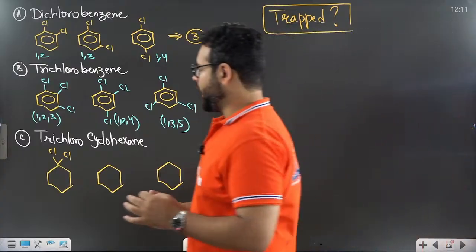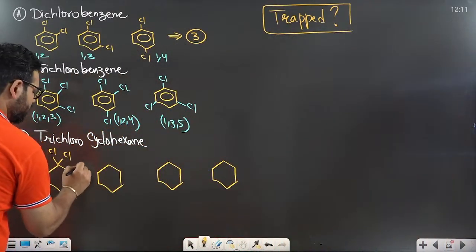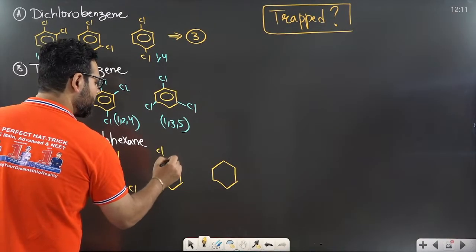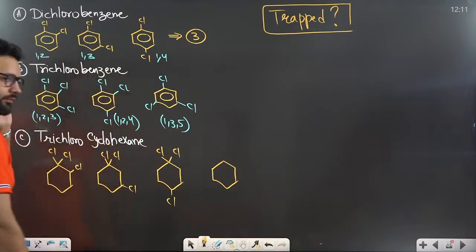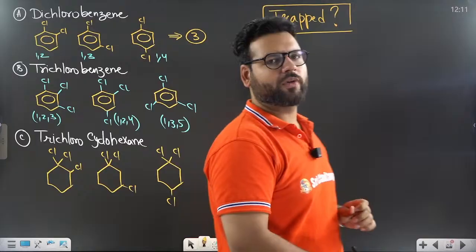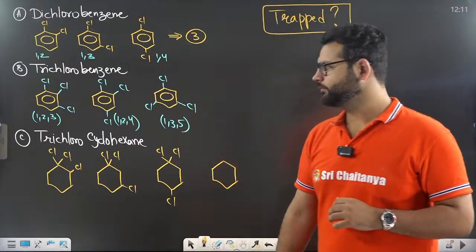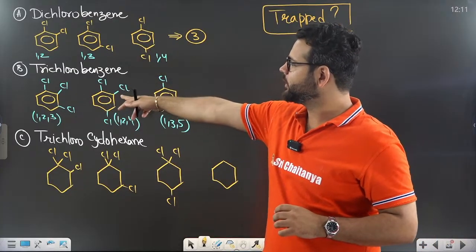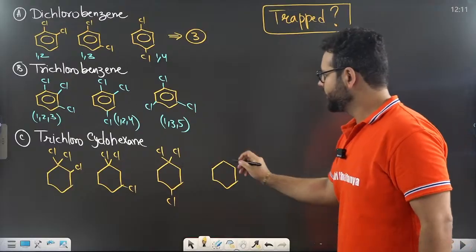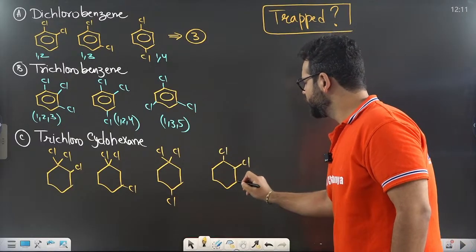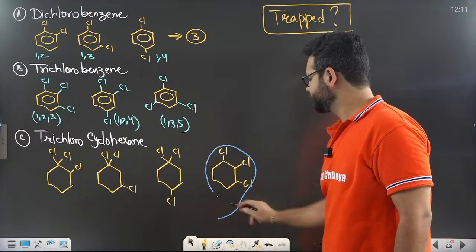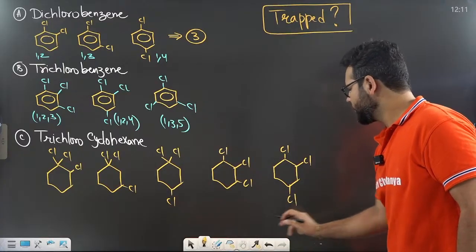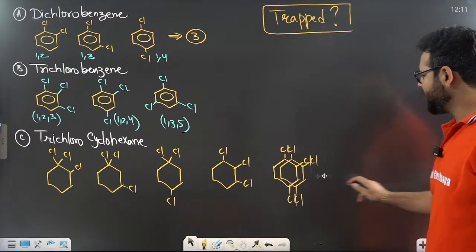So I can have 1, 1, 2, 1, 1, 3, 1, 1, 4, and 3 extra of these types: 1, 2, 3, 1, 2, 4, 1, 3, 5.